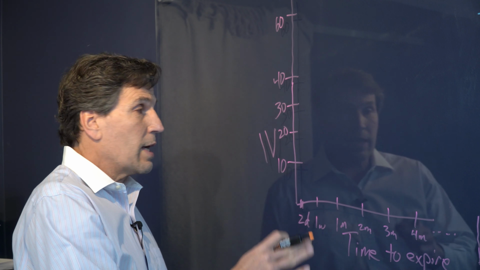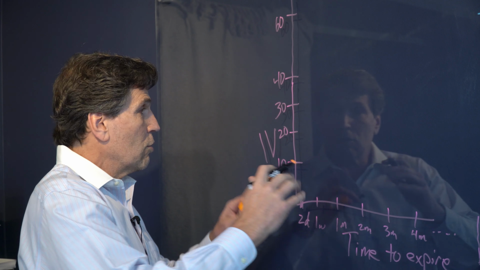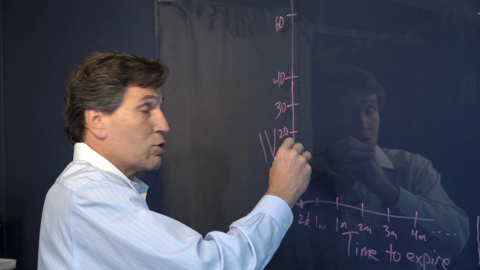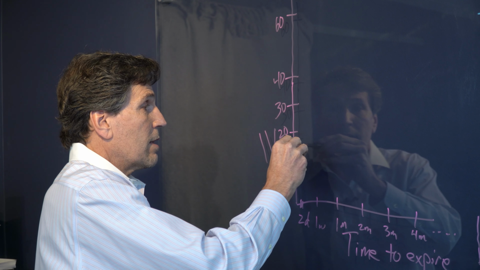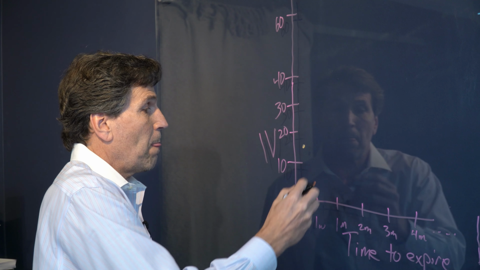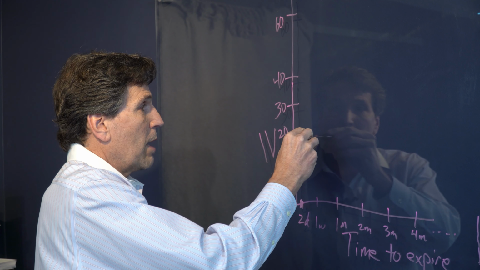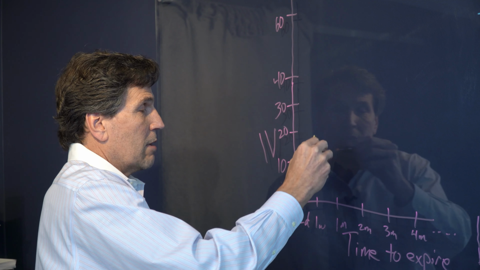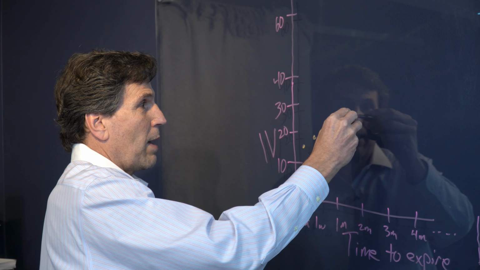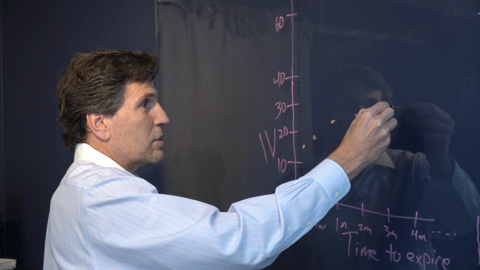Normally, implied volatility looks like what we call a normal term structure curve. Let's say the implied volatility of the short-term options might be about 15, and the 1 week about 16, and the 1 month about 18, and the 2 month about 18 and a half, and so on and so forth.